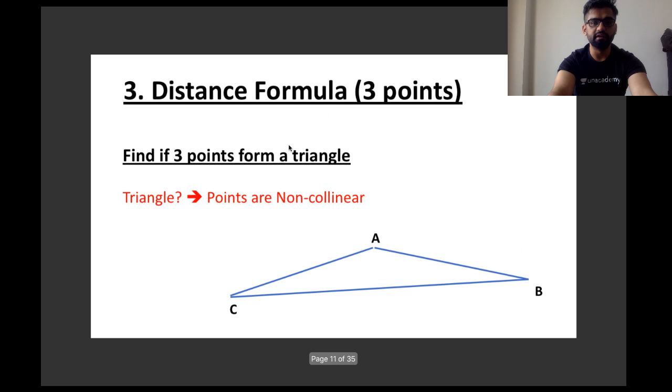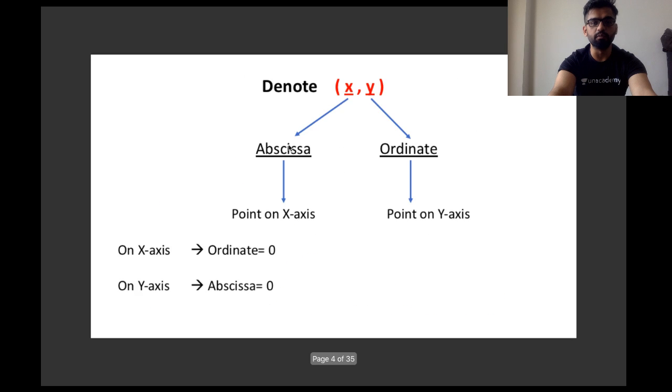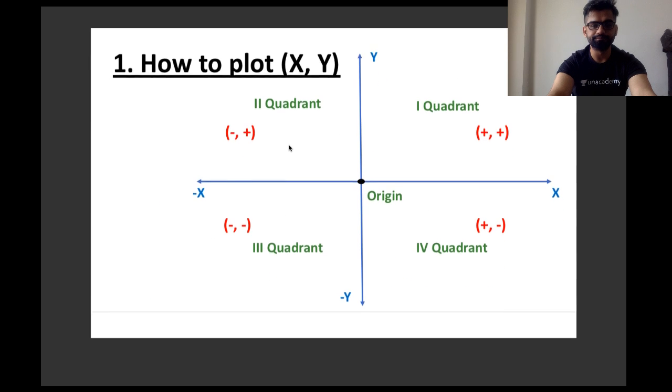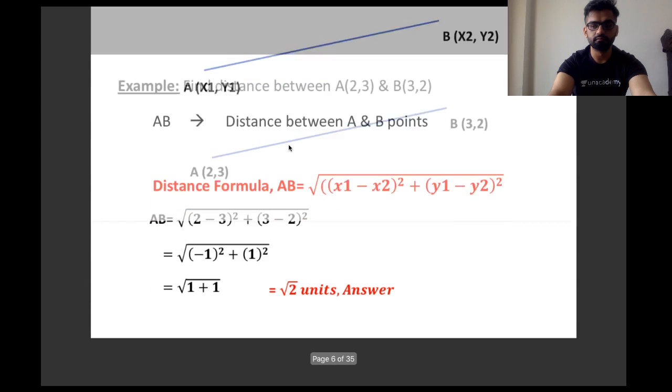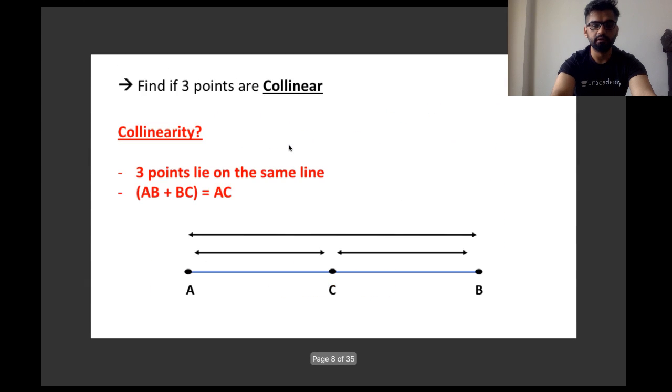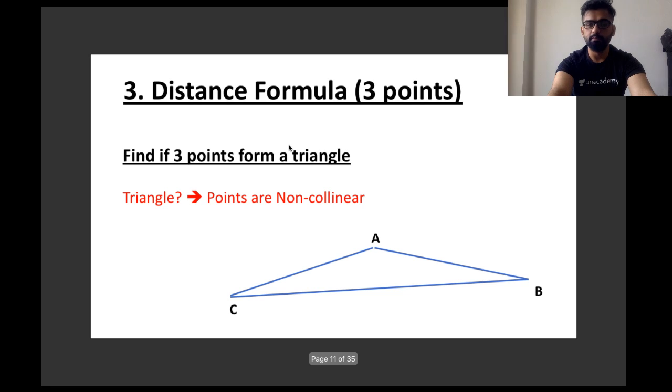Then we discussed distance formula for 3 points, distance formula for 2 points, and how to plot x, y. If you have any doubts, if you have any active audience, please let me know.